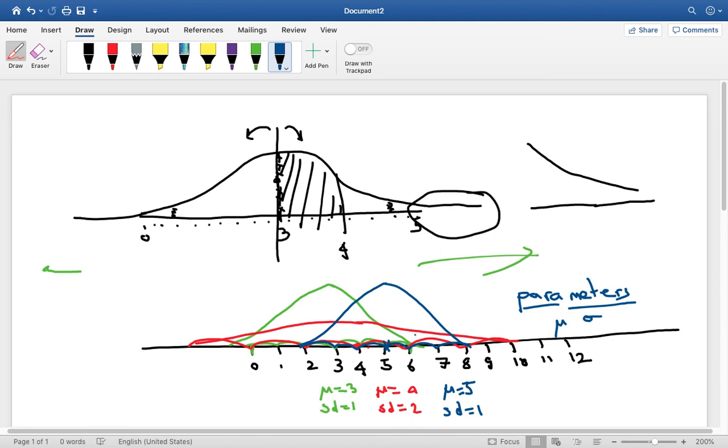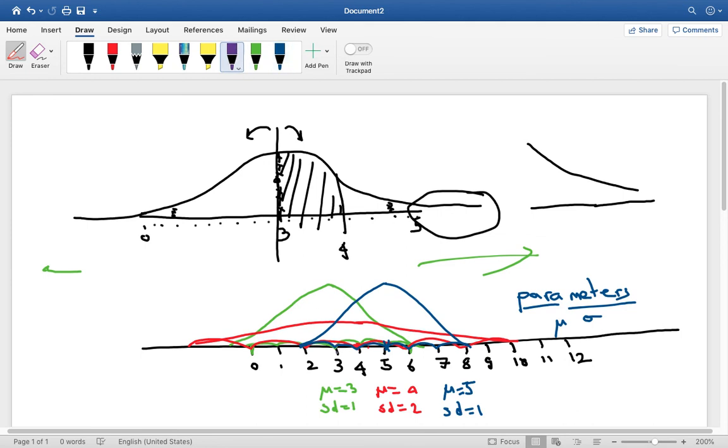So the side measures I need to totally define the specific normal distribution curve for you are the mean and standard deviation. I need those side measures to be able to do that. So supposing now I want to figure out the probability that these guys drink between 3 and 4 pints.